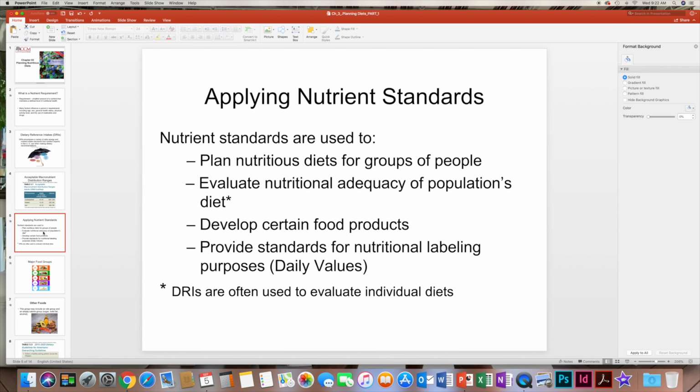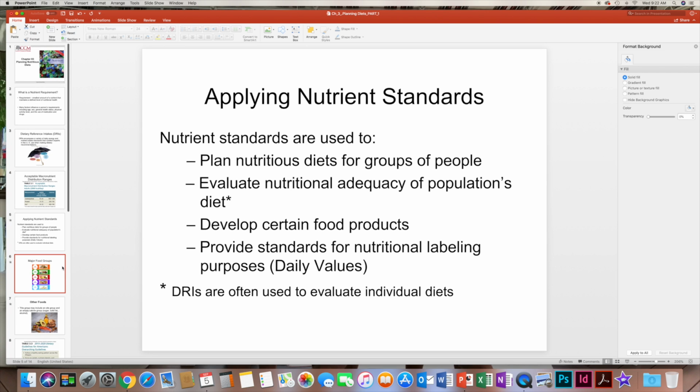This is for the general public that's healthy, and it's good when we're trying to determine daily values and put labels on foods to say how much of this ingredient you should have. Remember, if there are people that have specific dietary needs, these general standards may not be enough, and you need to see a nutritionist or registered dietitian for help in planning a diet specifically for your needs.